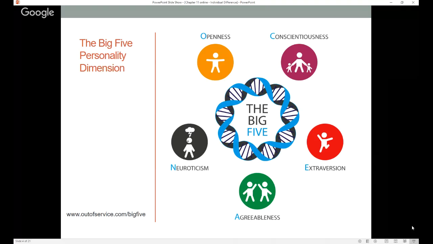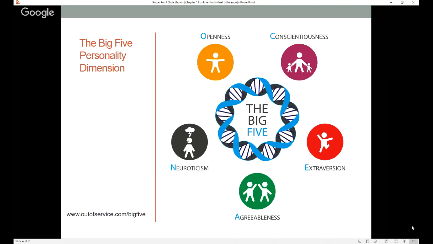So I'm assuming you've taken the Big Five. You have your profile in front of you, and what does the profile do? It explains your personality on 5 big dimensions. When psychologists first started studying personality, they came up with tons of traits, different parameters of measuring personality.